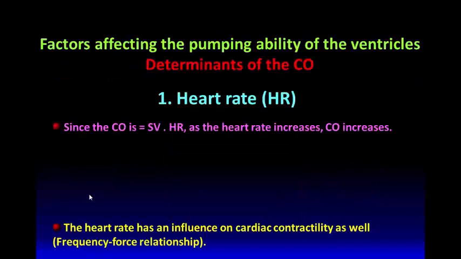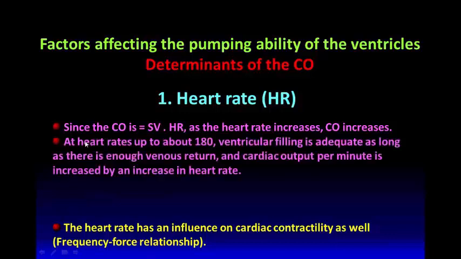Since the cardiac output is equivalent to the stroke volume times the heart rate, as the heart rate increases, cardiac output increases. However, we should note that at heart rates up to about 180 and even to 200 beats per minute, ventricular filling is adequate.